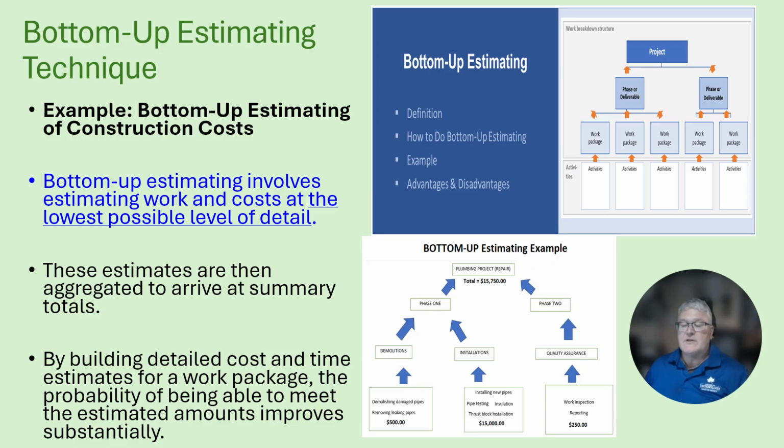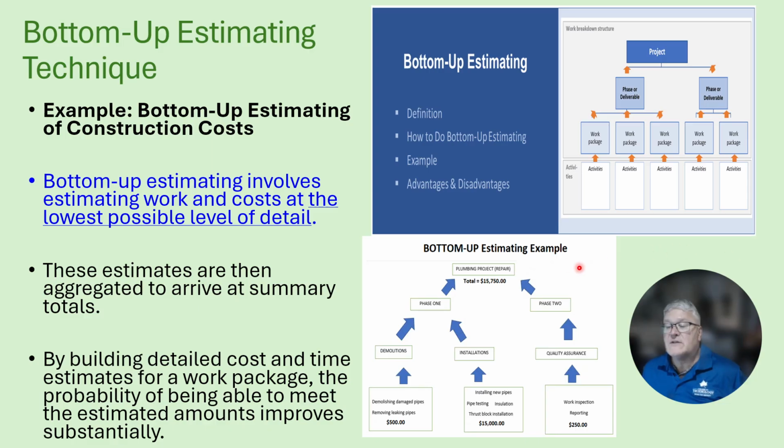Looking to the right on the screen, we have 5 work packages within 2 work phases. We estimate the cost of these activities for each individual work package, and then we work upward to get the cost for the project.